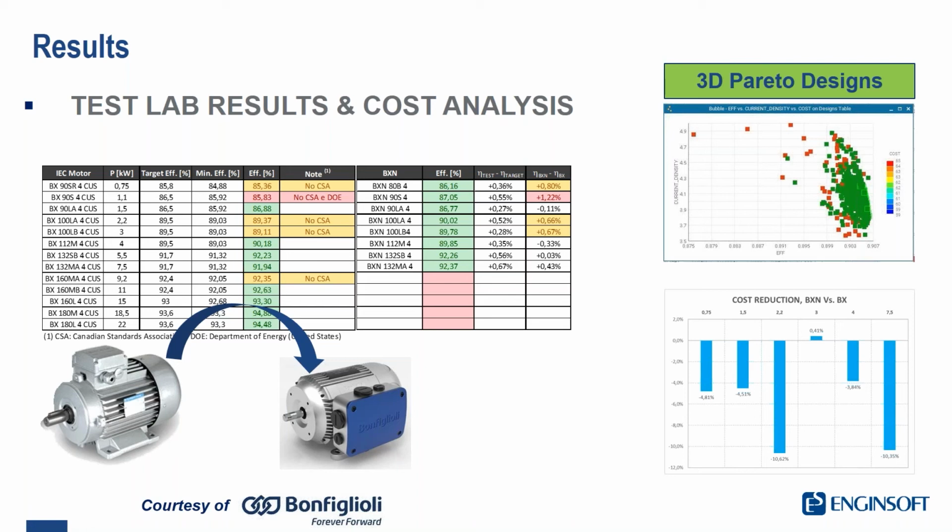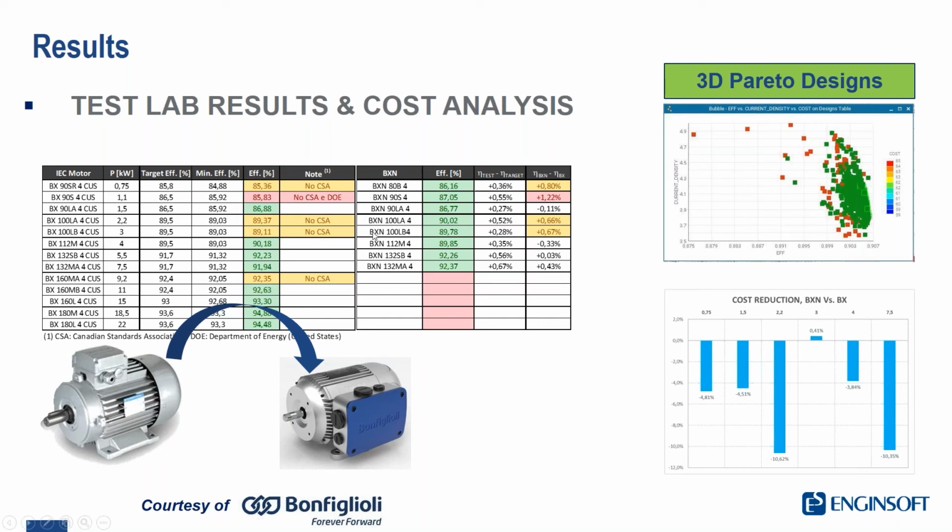From the Pareto design, which represents the set of optimal, best compromise designs for our multi-objective problem, a most promising design has been extracted and then validated in the laboratory by experimental test.